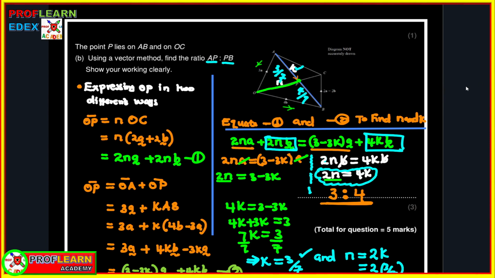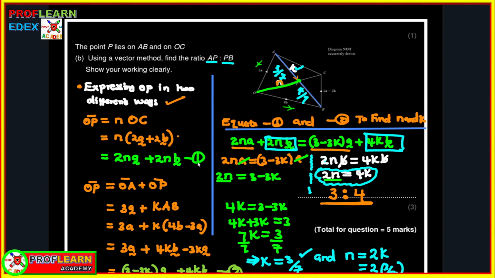Remember, to find OP, I decided to say let N be a constant that multiplies OC, and also K multiplies AB. So we are going to express OP in two different ways. One way is OP equals N of OC. There is a number you can multiply by OC in order to get OP. That is why I've written this step here.